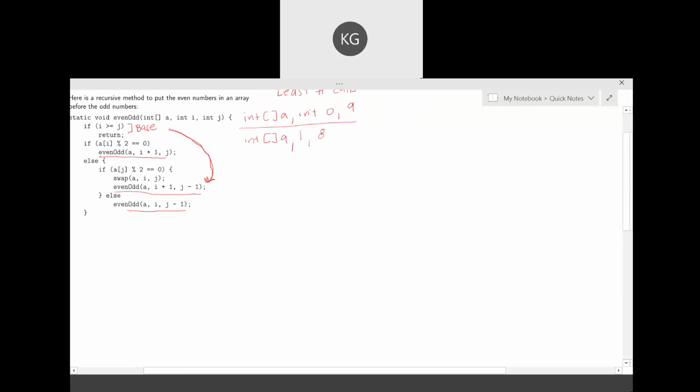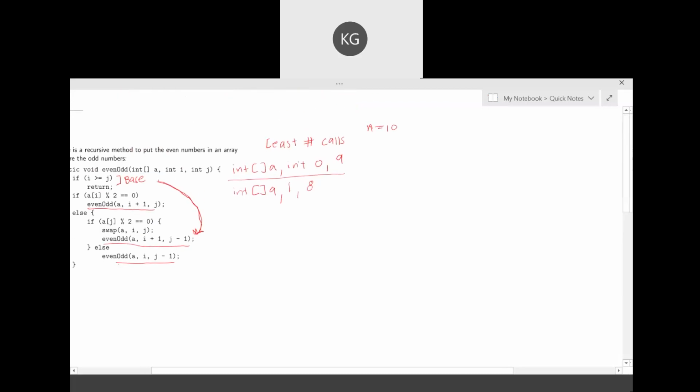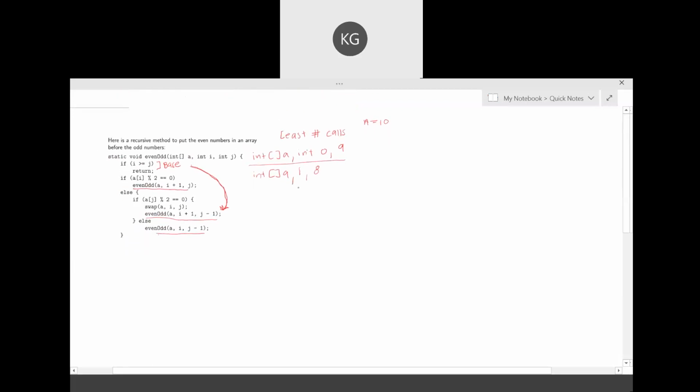So who can tell me what the next one would be if we did it again? Yeah. So it's going to be 2, 7, and then it's going to keep going, right?